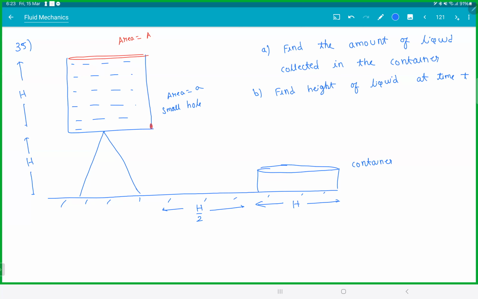The first one is actually a kinematics question. I'll give you an idea. See, at certain height of the water level, you will go and hit this container. Agreed? Find that height. When the water level becomes something like this H2, this water will hit the edge of this container.